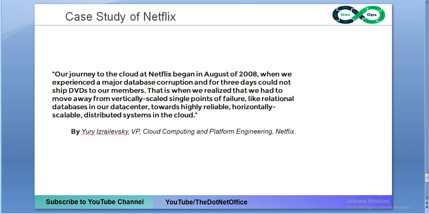That is when we realized that we had to move away from the vertically scaled single point of failure relational database in our data center towards a highly reliable, horizontally scalable, distributed system in the cloud. So we already know the Netflix team started by selling DVDs in the initial days, but because of the major database corruption they were facing problems shipping the DVDs, and they decided to move to a distributed system on the cloud.